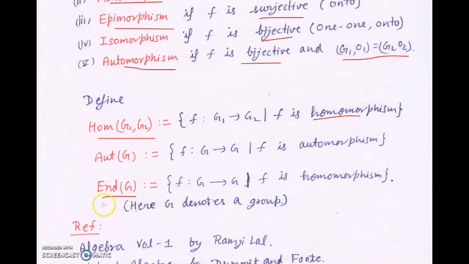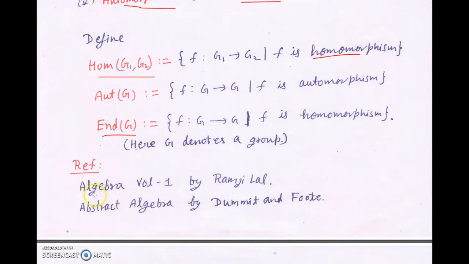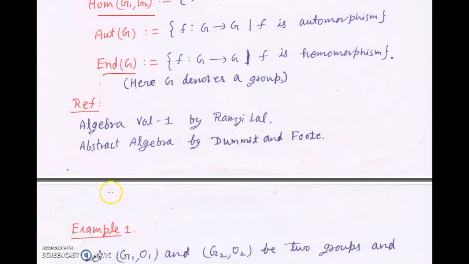So End(G) is the set of all endomorphisms of the group G and Aut(G) is the set of all automorphisms of the group G. I will refer you to the book by Ramji Lal and the book by Dummit and Foote, and of course other books are there, but these are two good books, and you can see the homomorphism part from these two books.